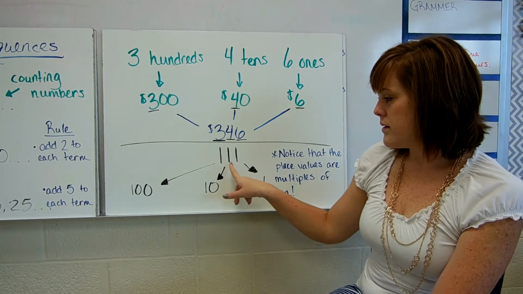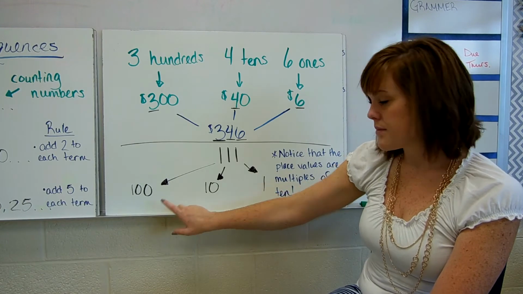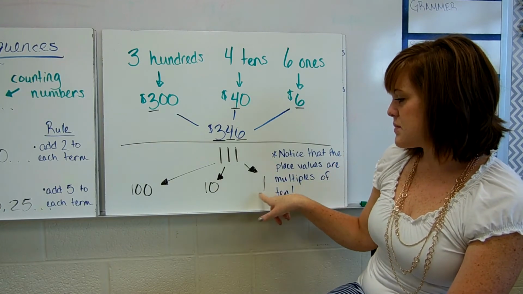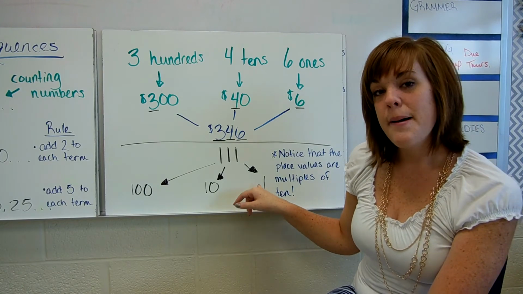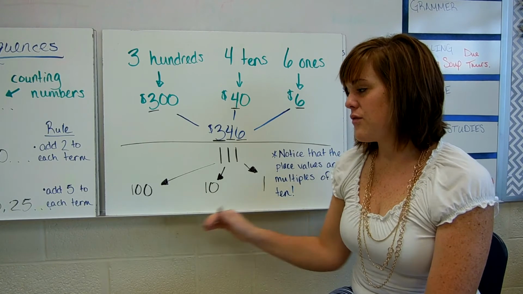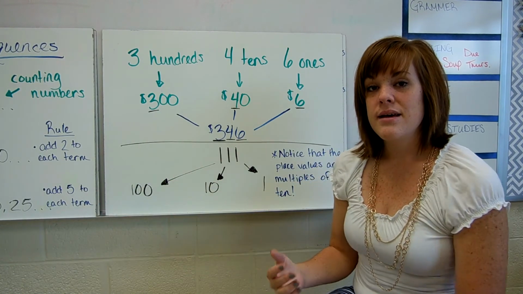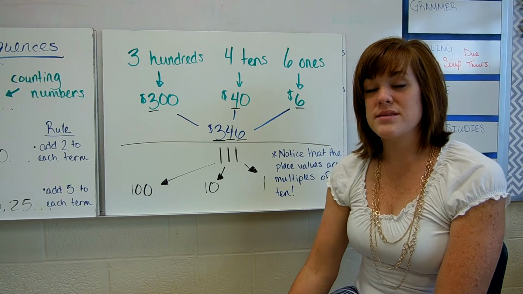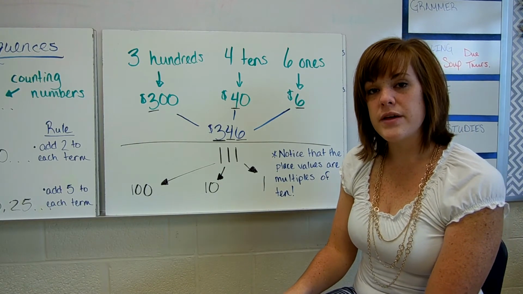That's 1, 10, and 100. You'll notice that these place values are multiples of 10, and you multiply by 10 to get from one to the next. And if we kept going, you would still multiply by 10 to get to the next. And that's because our number system is a base 10 system. So that's the relationship between the place values.